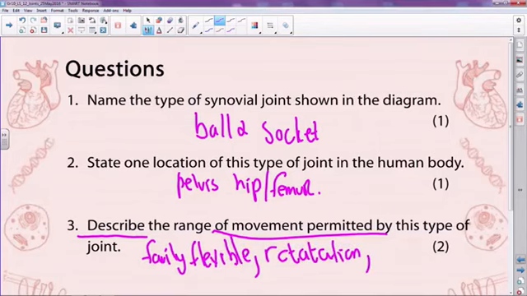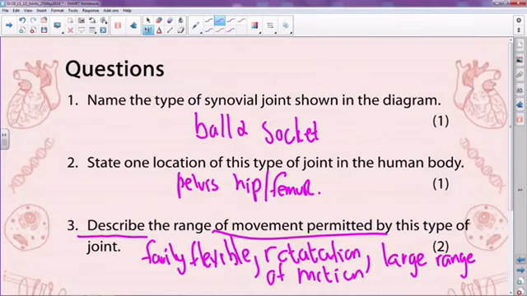Fairly flexible, rotation. And I would have said there is a large range of motion. We can move it quite freely, especially our shoulder joint. We have lots more mobility there, whereas in our hip joint we want a little bit more stability.